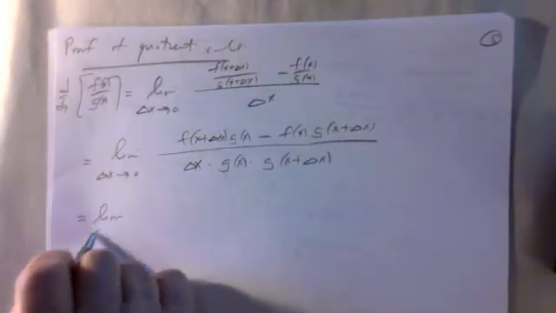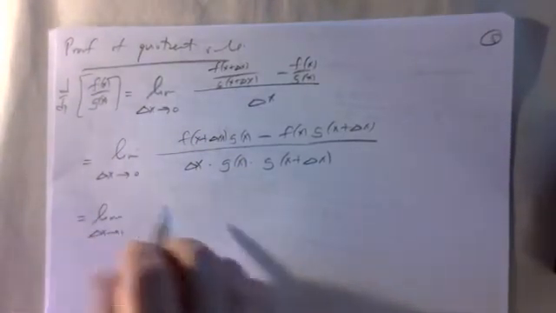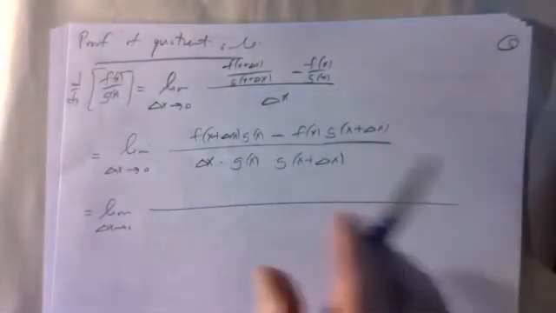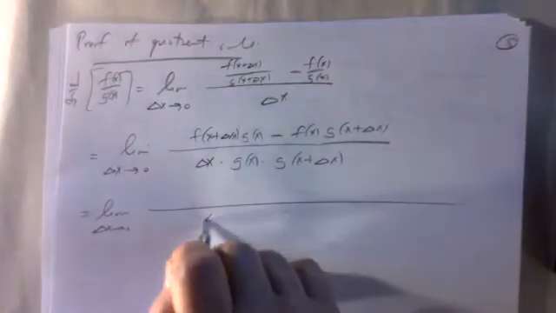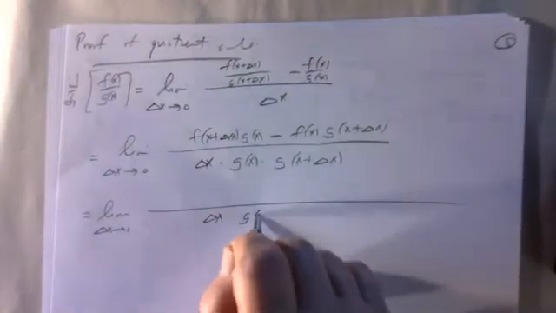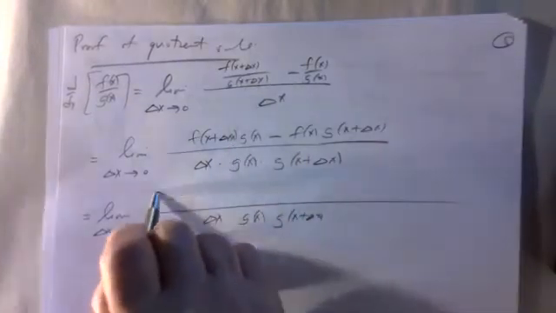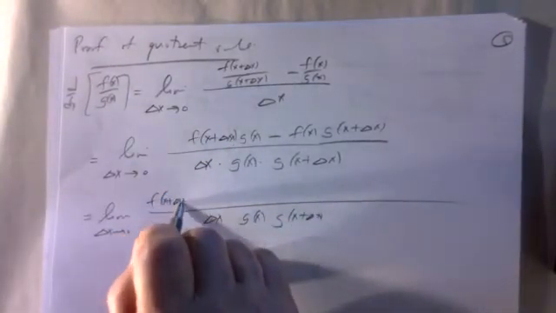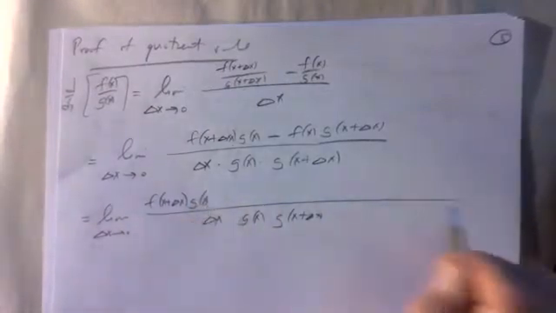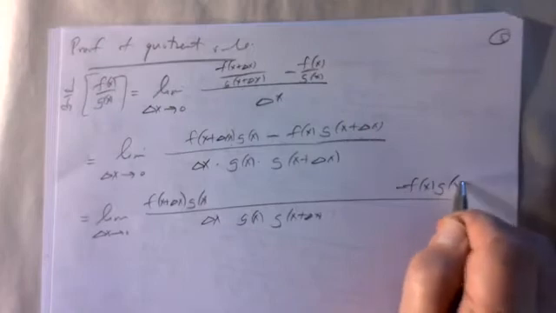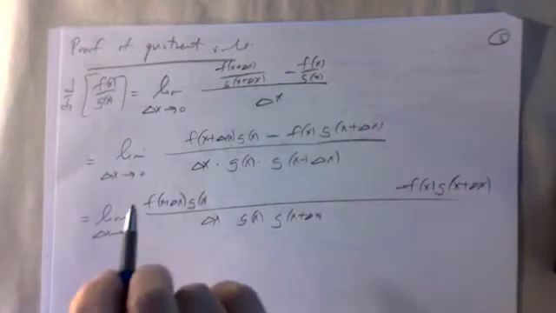And this is the limit as delta x goes to 0. Again, I'm going to put another term in the middle here, just basically going to add 0, in a nice way. Right here I have f of x plus delta x times g of x. Here I have minus f of x times g of x plus delta x.